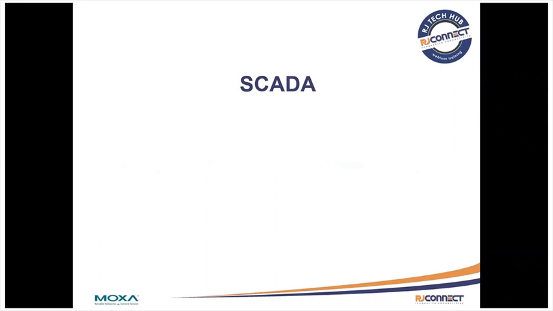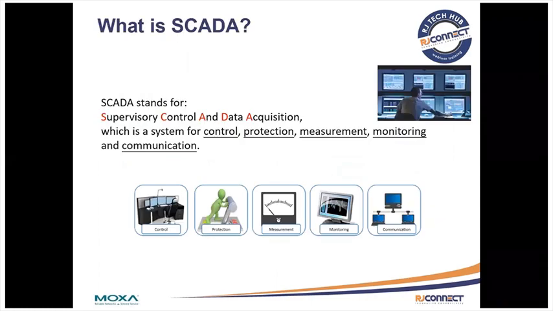Let's take a look at what a SCADA is. So SCADA stands for Supervisory Control and Data Acquisition, which is a system for control, protection, measurement, monitoring, and communication. Now, typically, a SCADA gives you a visual representation of your control system, where we see our actual values and we can control our equipment remotely.